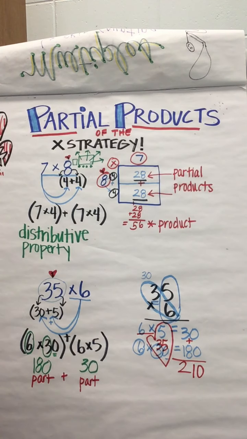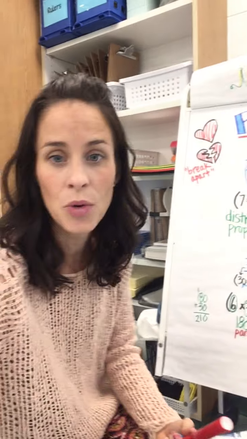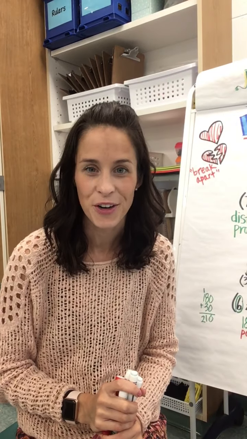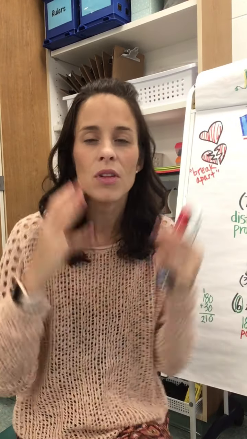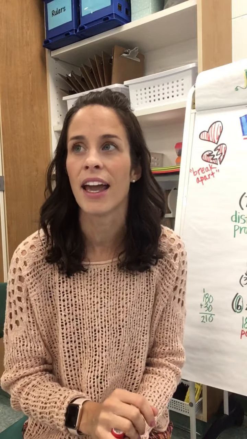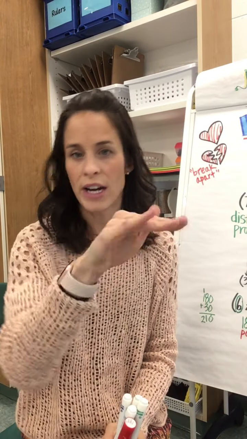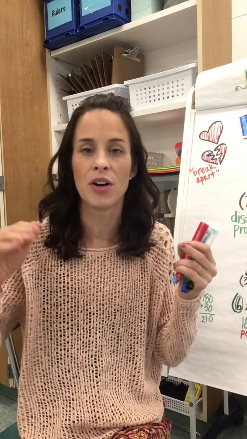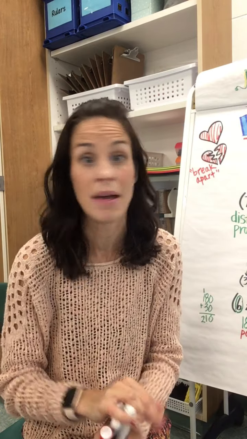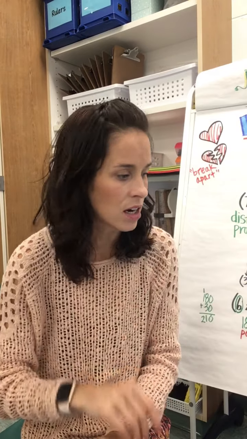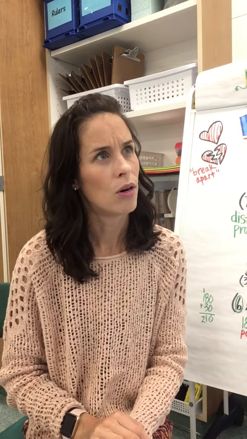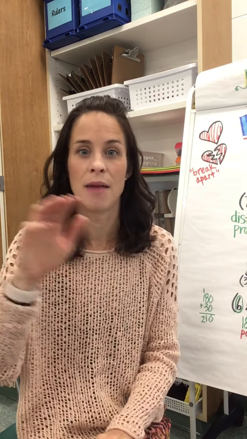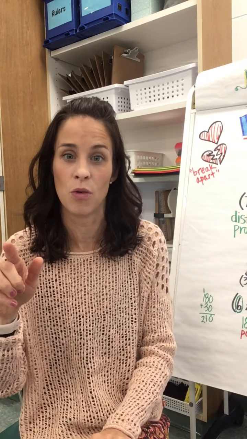Okay? So I hope that that helped you, and we're going to do a few more examples in our notebook. And just the main takeaway is thinking, I don't have to just straight up solve the problem. I can actually use tools to break apart numbers. If you ever get stuck on a basic fact even, if you get stuck on 12 times 4, well, wait a minute, I could do 6 times 4 and 6 times 4, okay?